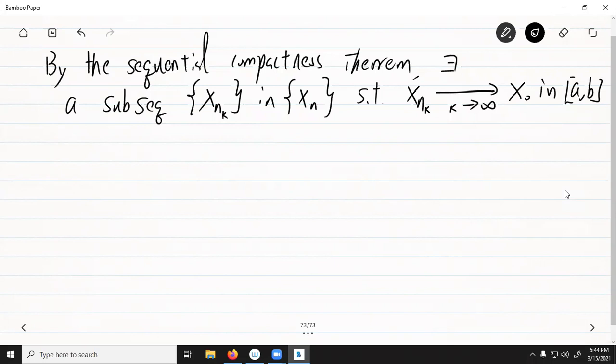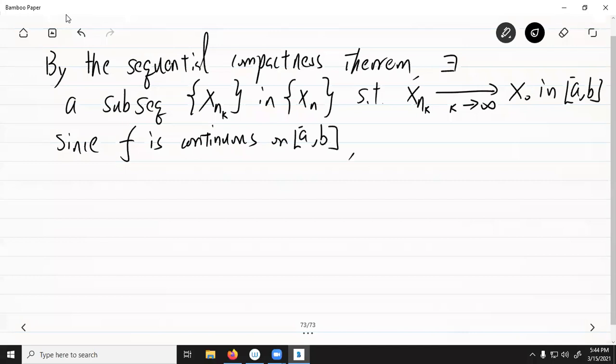So since F is continuous on [A, B], then since you have a convergent sequence, by the definition of continuity, F of Xn sub k converges to F of X0.